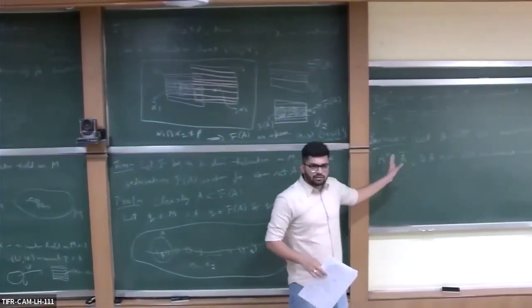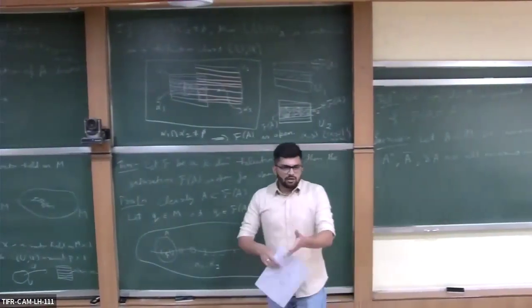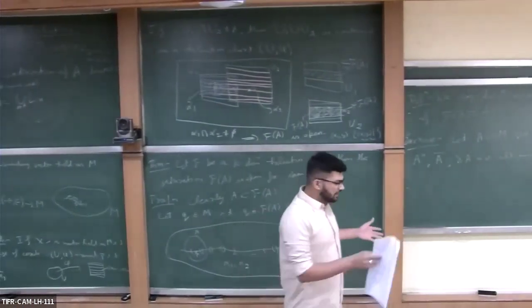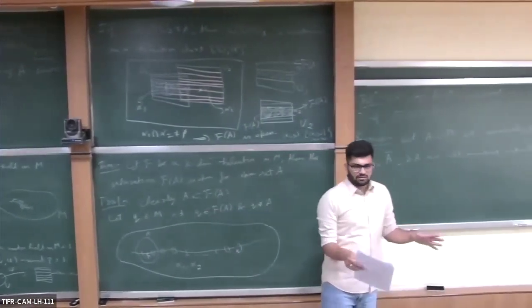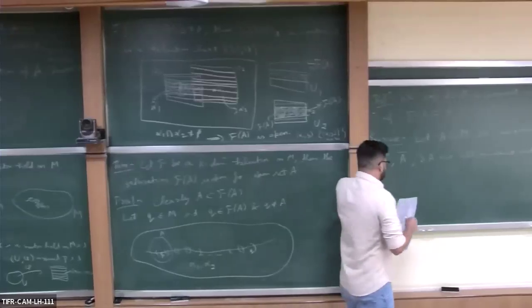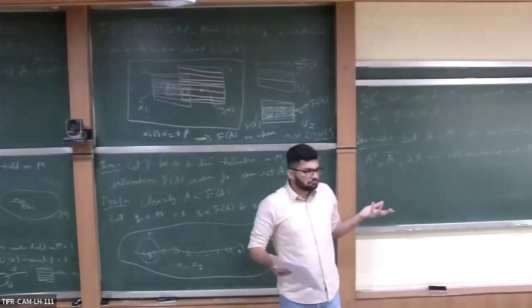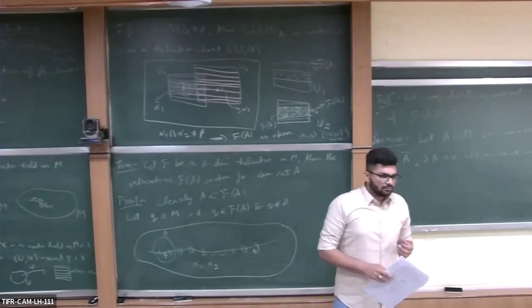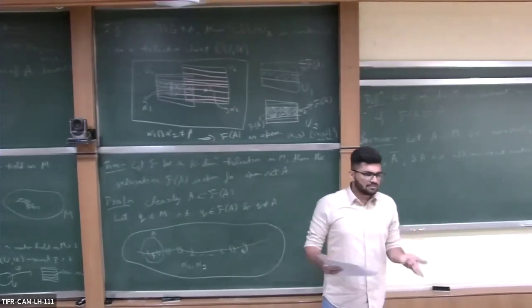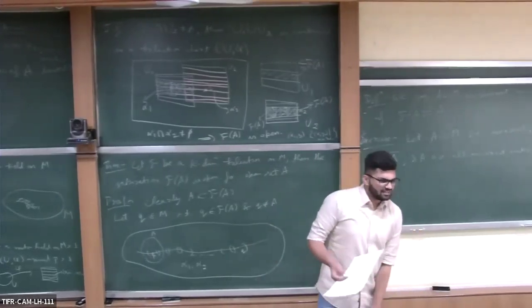So if we have an invariant set, the interior of this invariant set and the closure of the boundary are all invariant. They might not have any interior. It can be empty. The saturation of the empty set is empty, right?